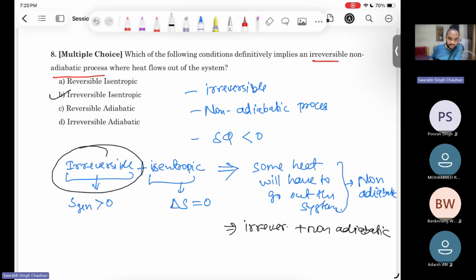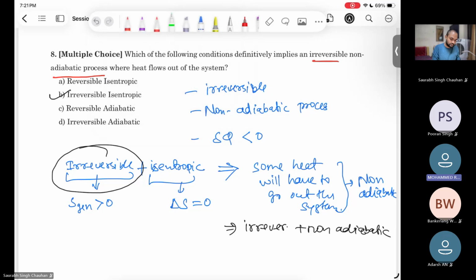Okay, so that's what I am saying. I am saying there are two things. One is concept. Concept is that isentropic does not mean that process has to be adiabatic. But context will make you clear that whether you have to consider it a reversible adiabatic or not. Okay.